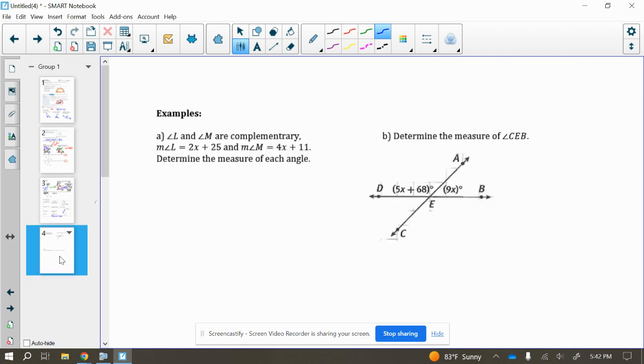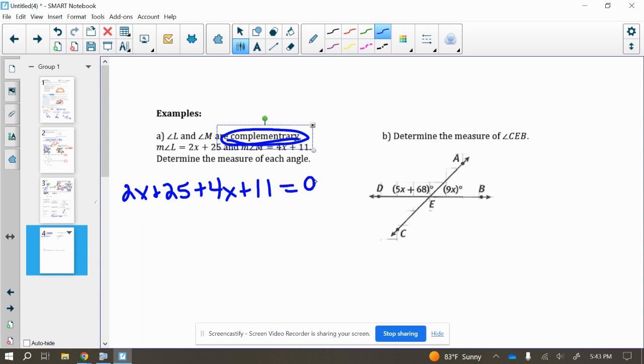So a couple more examples. If we see this keyword of complementary, we know that those two angles have to add up to be 90 degrees. So we can take these and add them to equal 90. Now again, in solving, be careful to condense first.